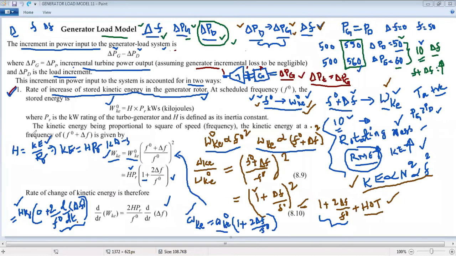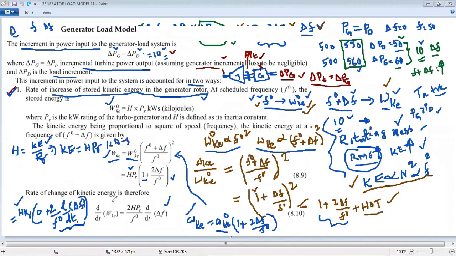So this is the first case of how the surplus power can be absorbed in the system. There are two ways. One way is by increasing the stored kinetic energy.